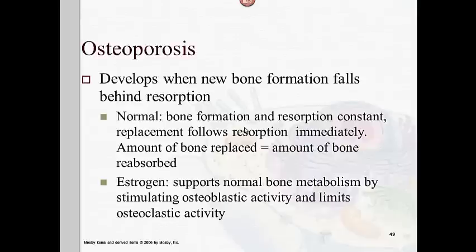They are regulated by parathyroid hormone, calcitonin, estrogen, vitamin D, and certain cytokines already mentioned, including prostaglandin and interleukin-6. The peak bone mass in men and women occurs by their mid-20s.